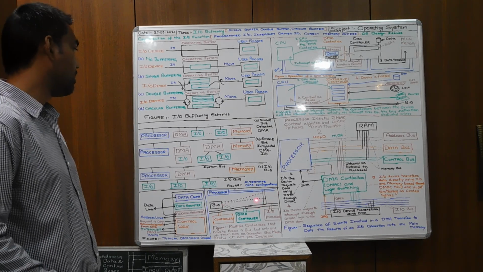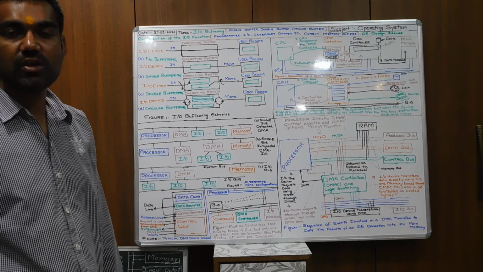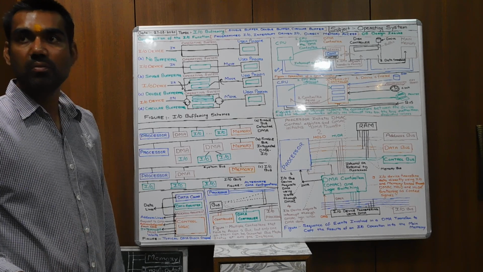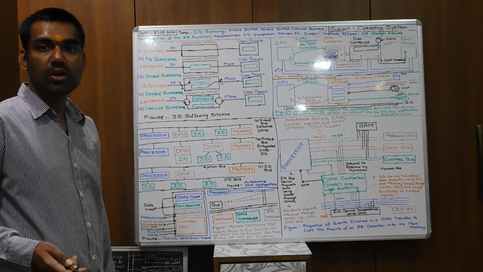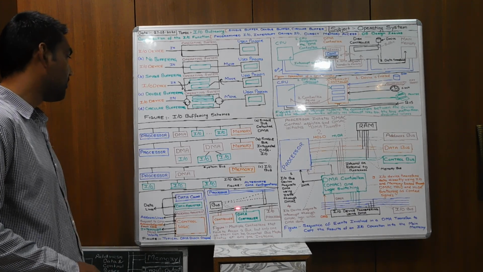The approaches I just specified are the daisy chain method, the independent bus request and grant method, and the polling method.